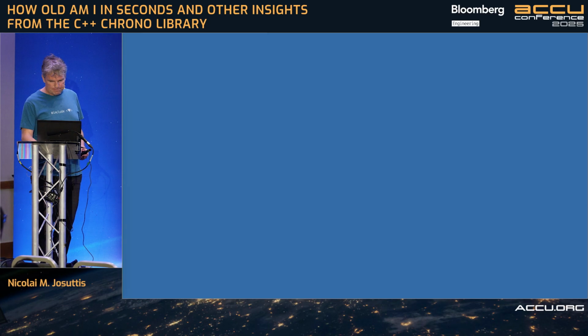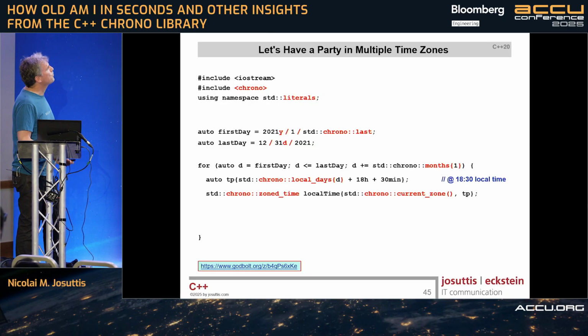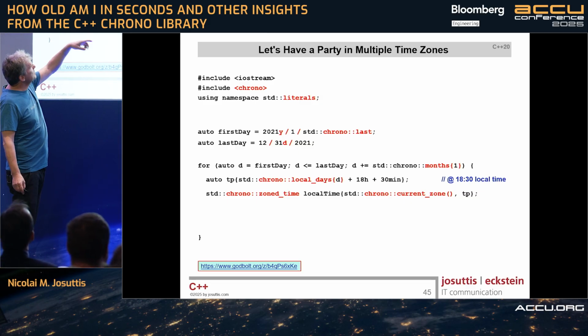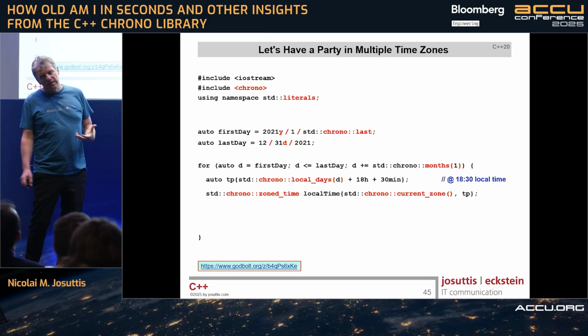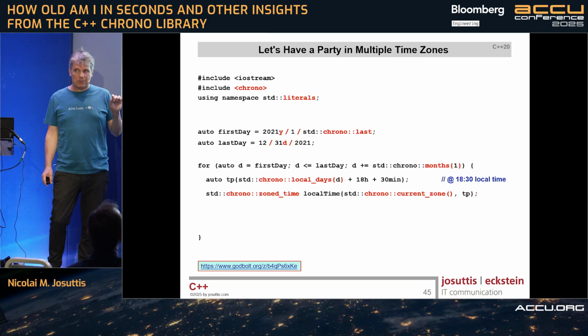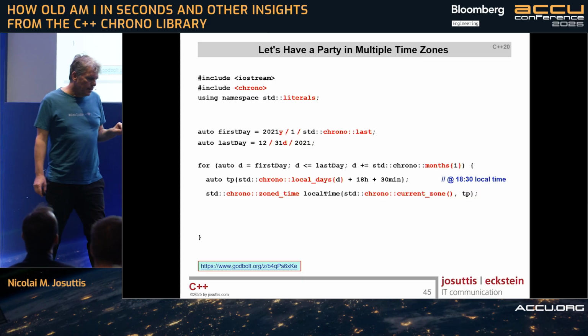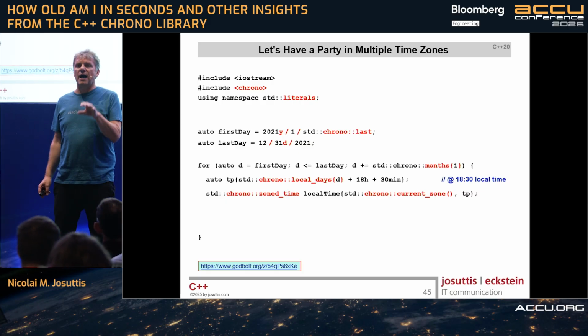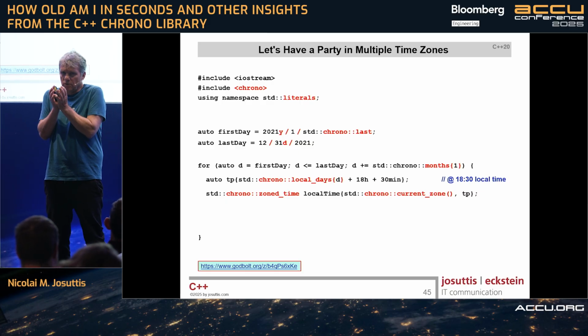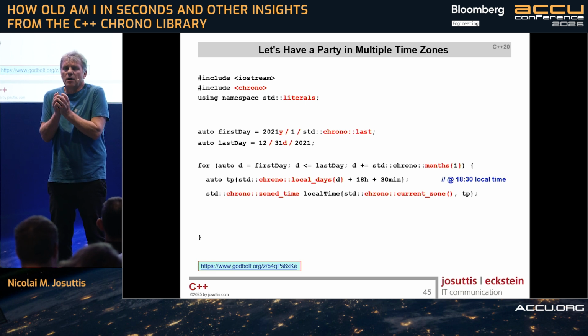So the first thing we do, we initialize a local days data type. That's a canonical type, granularity days, using local time. So that's a pseudo time zone. That's a pseudo clock. It's not the clock of the system clock.